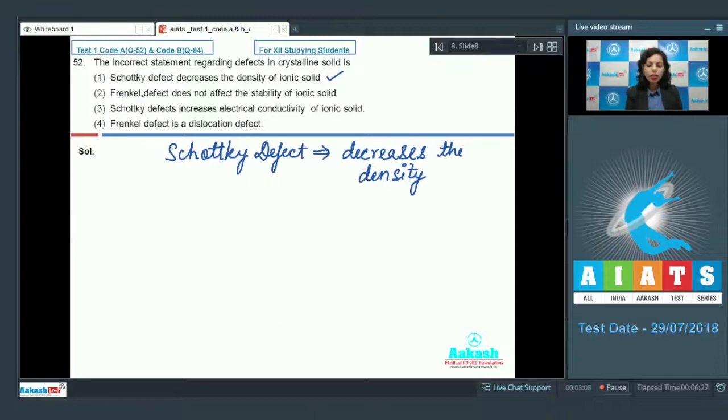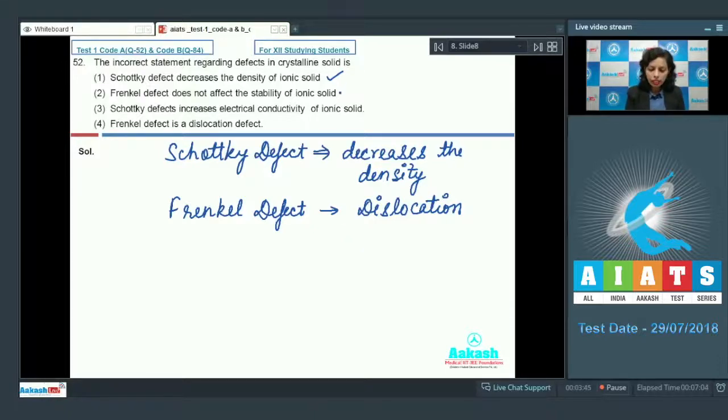Now the second statement: Frenkel defect doesn't affect the stability of ionic solid. In this defect, the cation moves to the interstitial site. So basically this is a dislocation defect. And as it occurs in this case, definitely the stability of the solid would be decreased.